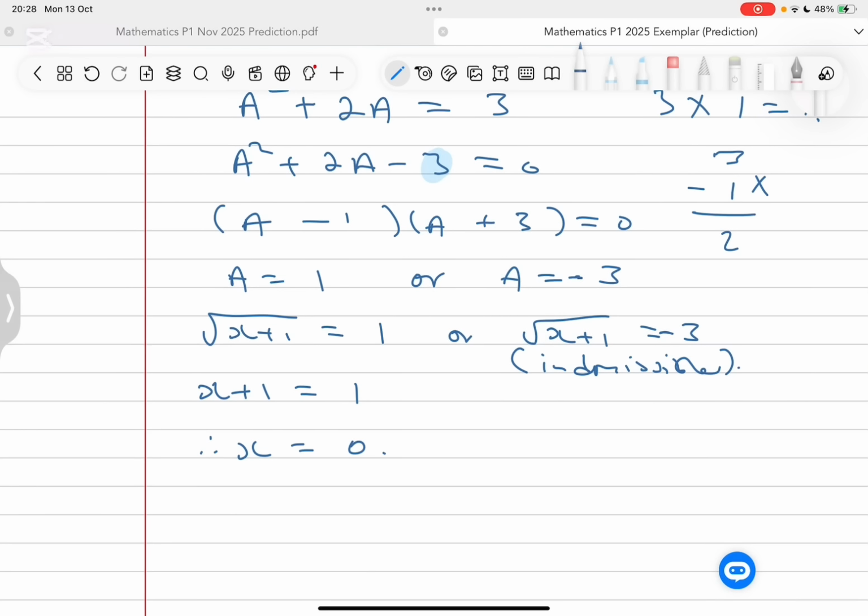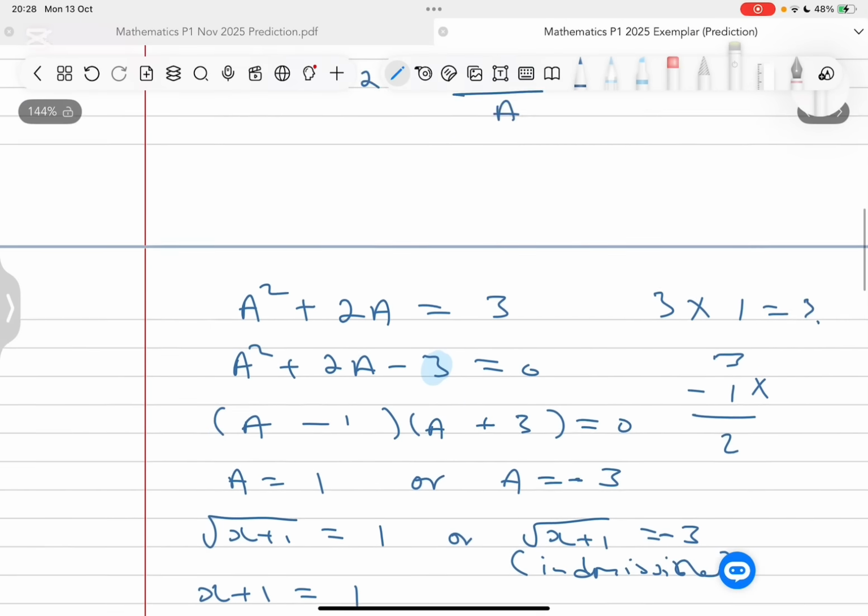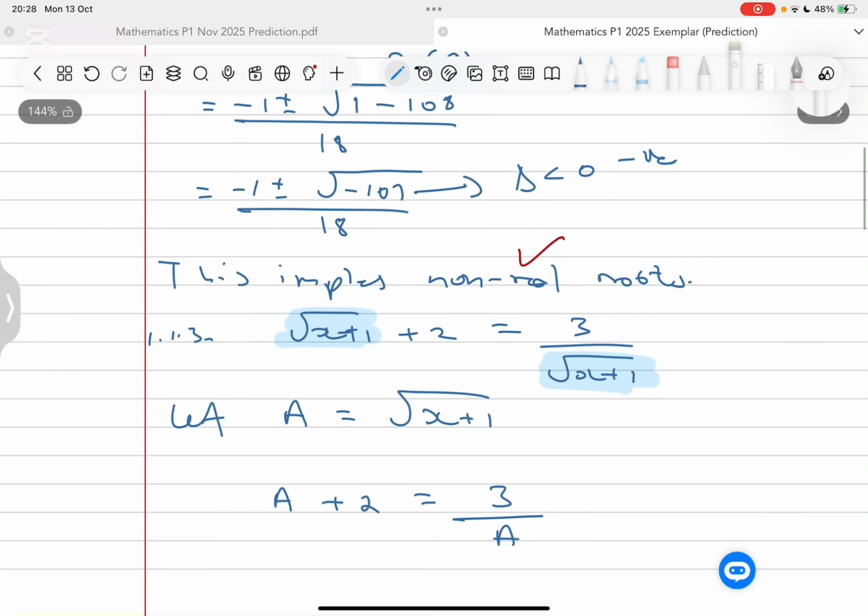But now when you are at this stage, it is very important to really check this answer. We call it a root or a solution again, to see if it satisfies our original equation. You must check and see that it makes the left hand side equal to the right hand side.